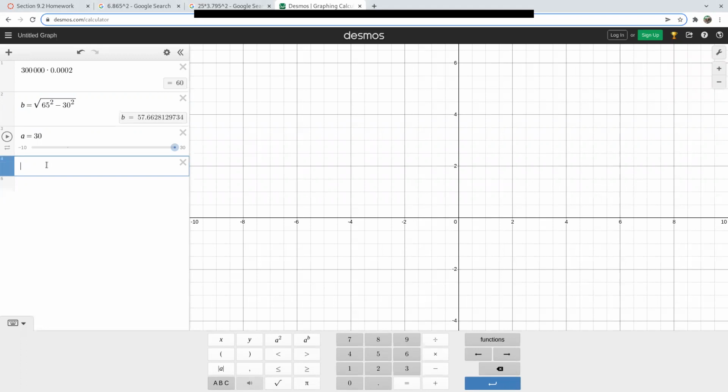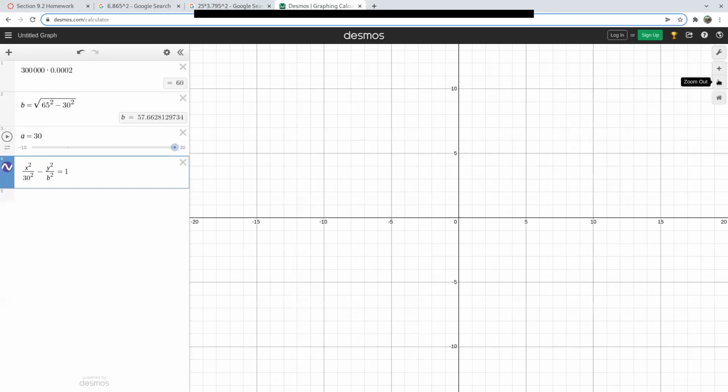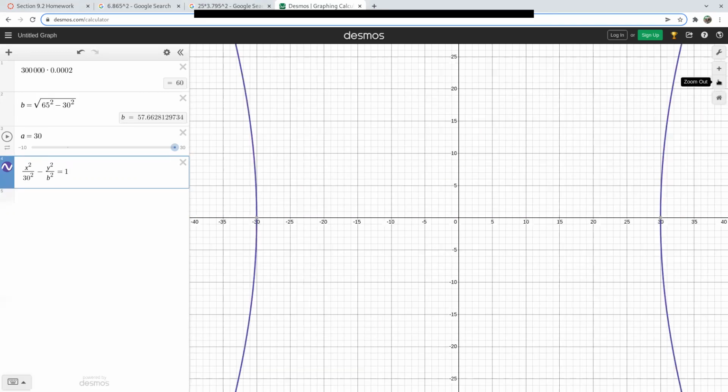And so then the equation of this ellipse, let's graph it just for fun, should be x squared over 30 squared minus y squared over that number, I'm just going to call it B because I labeled it B, has to equal 1. And then we're going to have to zoom out because we need to see out to like 65 on each side. So zoom in, zoom out. All right, so that's that right there.